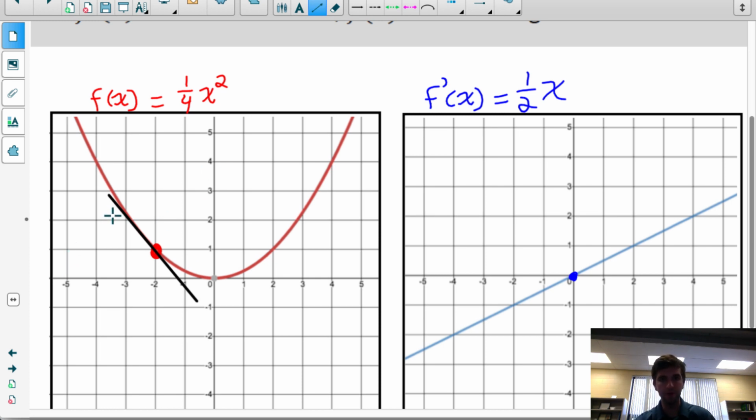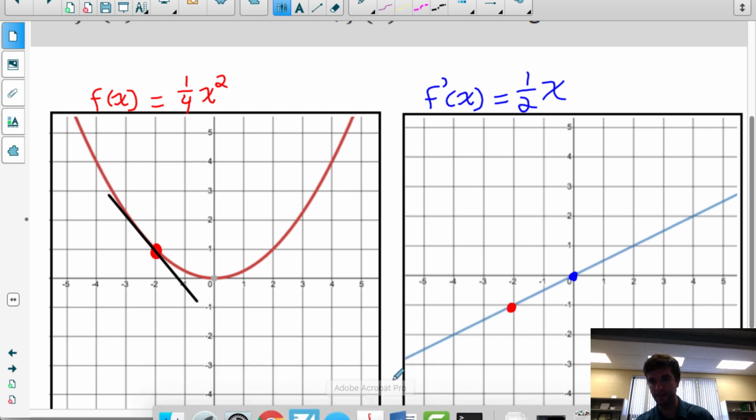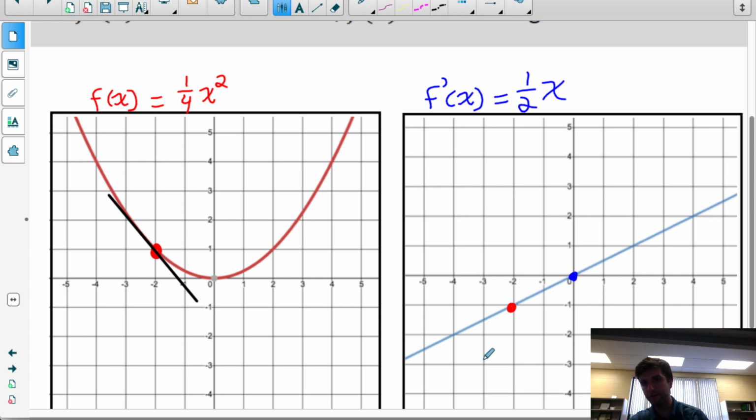So if I were to look at the graph of the derivative when x is negative 2, what would I expect to see? I would expect to see a negative y value. When x is negative 2, yes, there we go. I see a negative y value when x is negative 2 on the graph of the derivative. Because every y value of the derivative tells me what tangent slope I would expect on the graph of the original function.